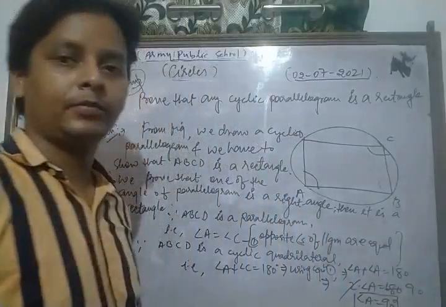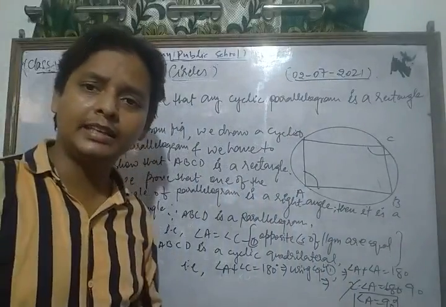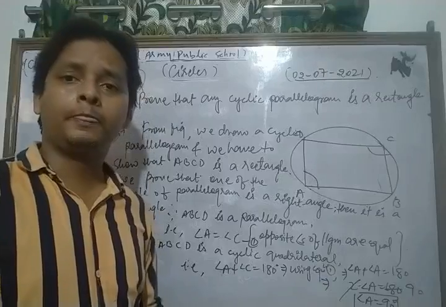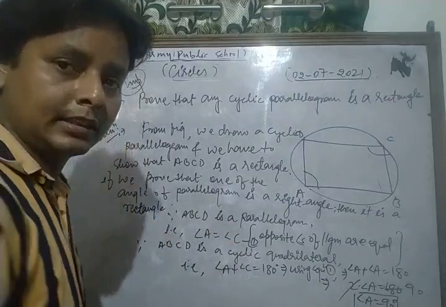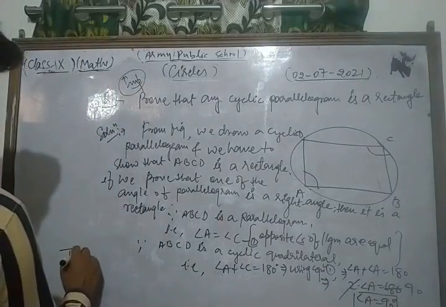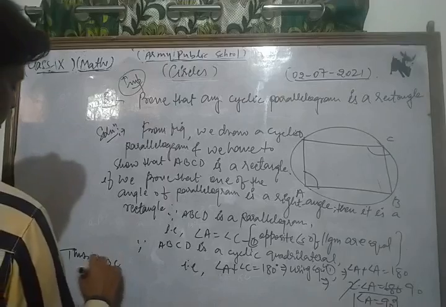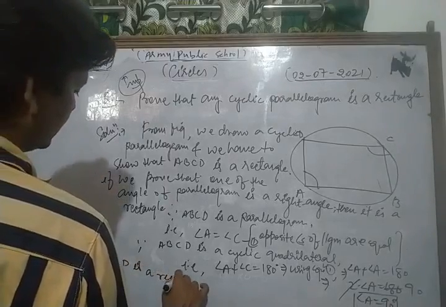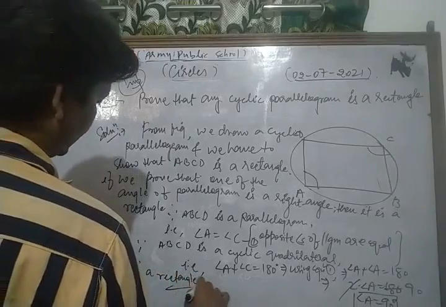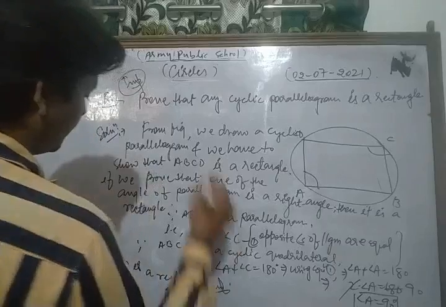In this way we have shown that one of the angles of that parallelogram is 90 degrees. Thus ABCD is a rectangle, hence proved.